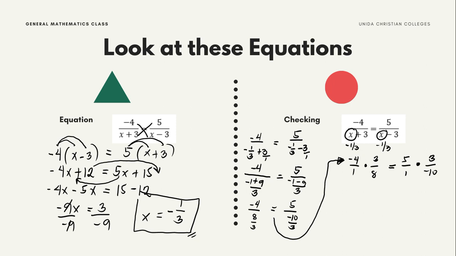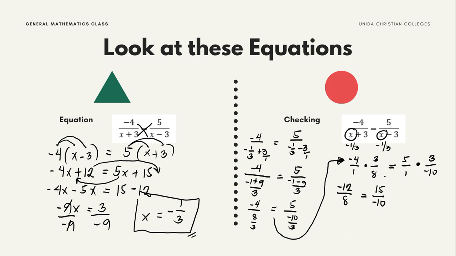So, multiply the numerator to the numerator, and then multiply the denominator to the denominator. So, we have negative 4 times 3, that is negative 12. 1 times 8, that is 8, is equal to 5 times 3, that is 15. 1 times negative 10, that is negative 10.